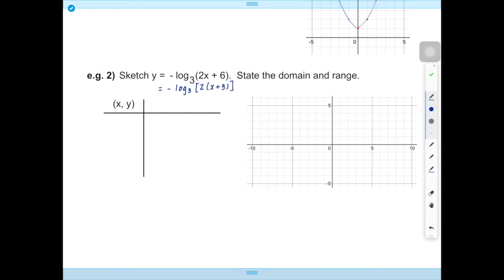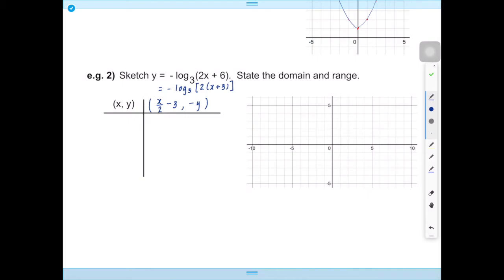So according to our knowledge of transformations, we know that the x value will be affected by 2. So x over 2, a stretch. And then plus 3 means we're moving 3 to the left, so minus 3. The y values are just reflected over the x-axis, so negative y.